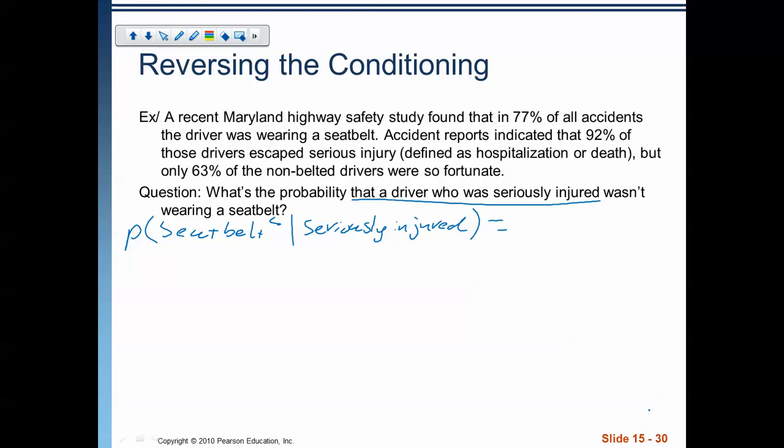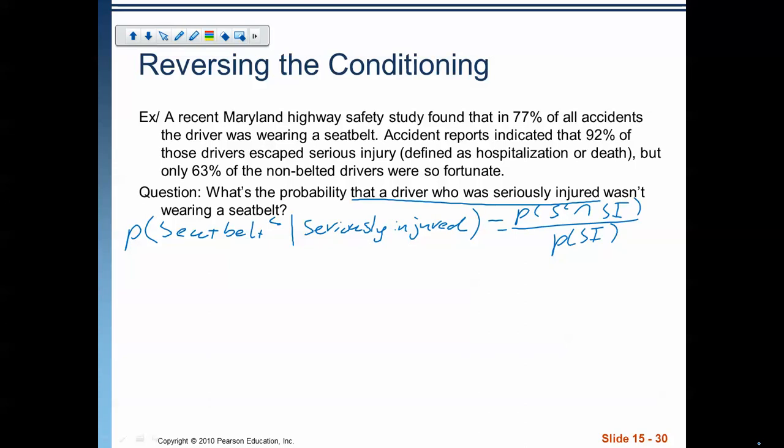Now, the formula for a conditional probability tells me that I need to find P of seatbelt complement and seriously injured over the probability of being seriously injured. Following our formula, I need the probability of not wearing a seatbelt and being seriously injured over the probability of being seriously injured.